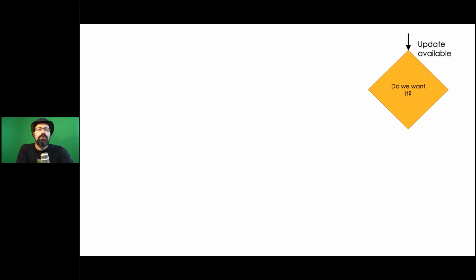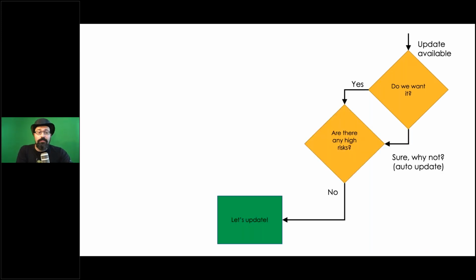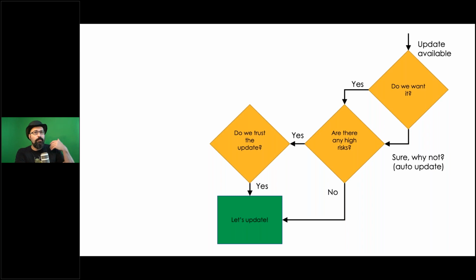And then we go to this diagram again, because now we do have auto update for low risk applications, but also for high risk applications. If we build this trust using continuous updates between the vendor and the customer, then there is no problem getting a new version every time it is available without being worried about what's going to happen and how it will behave.